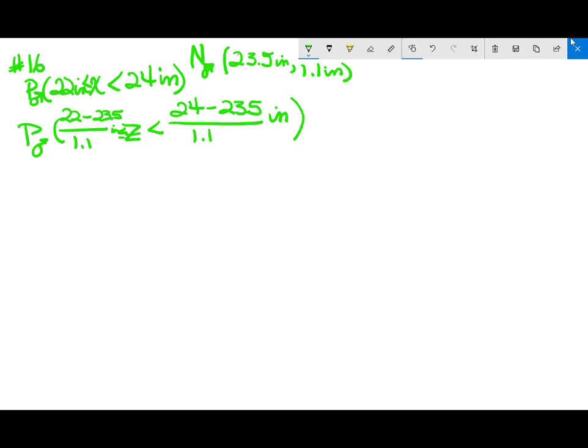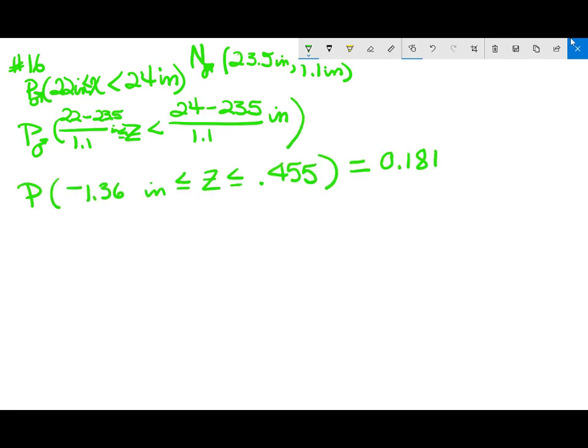Okay, so now let's do that math. Okay, so now let's go back and redo this. So my lower is going to be a negative 1.36, and my upper is still 0.455.